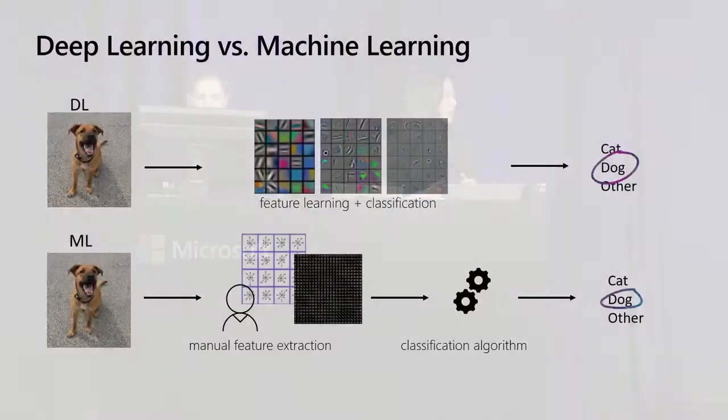If we compare that with traditional machine learning, as an example here, you will see that the first step, which is feature extraction, involves a lot of manual effort. Not only is it time-consuming, it also requires domain expertise. Manually, a human would have to go in there and identify features to feed into the machine learning algorithm.